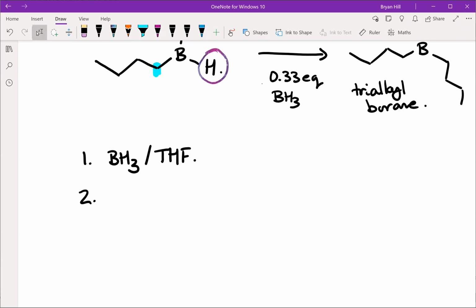What is used is, and this is usually just abbreviated H2O2. So this is peroxide, right? Peroxide.